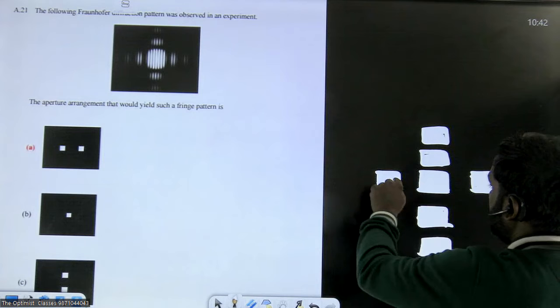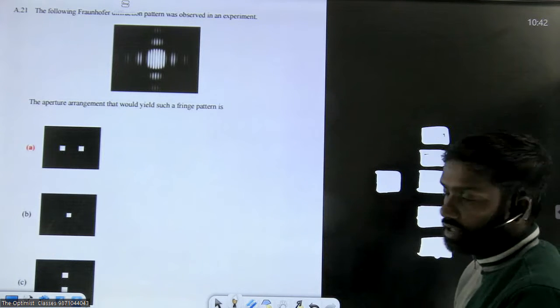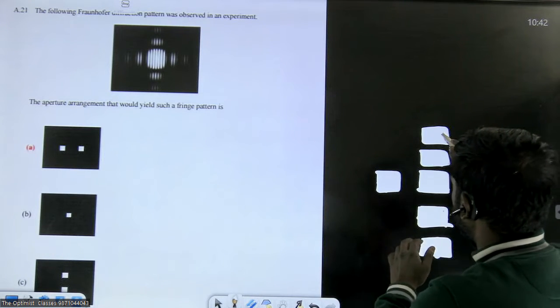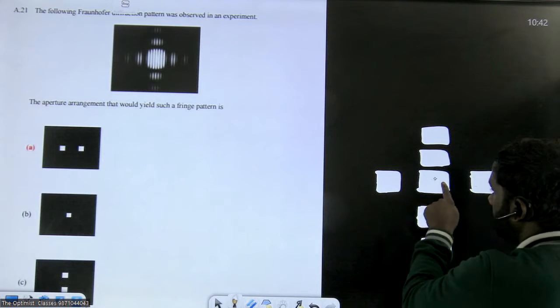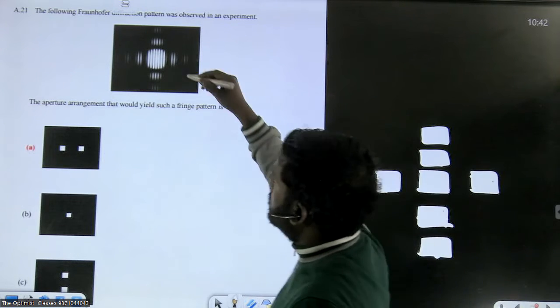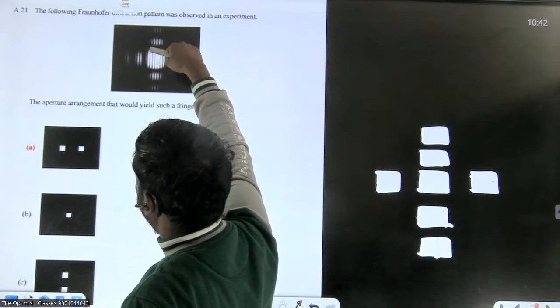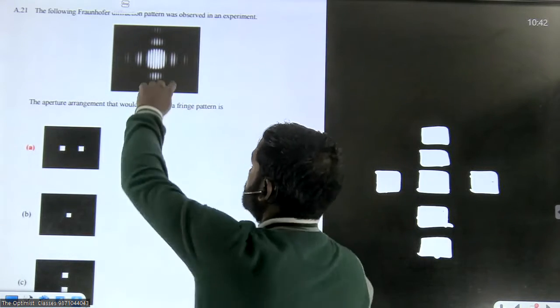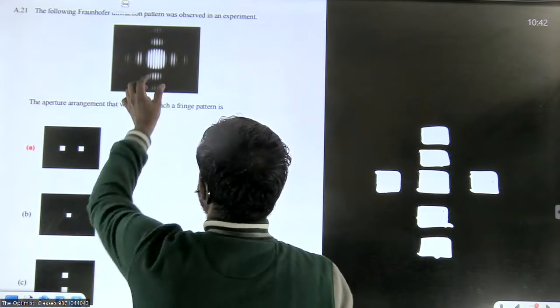But inside this white there won't be any maximum or minimum. So this is like single slit diffraction. In single slit, inside this maxima we don't get any minima. But here you see inside this white patch there are also some maxima and minima. So this is the primary maxima, and inside the primary there are also some secondary maxima.